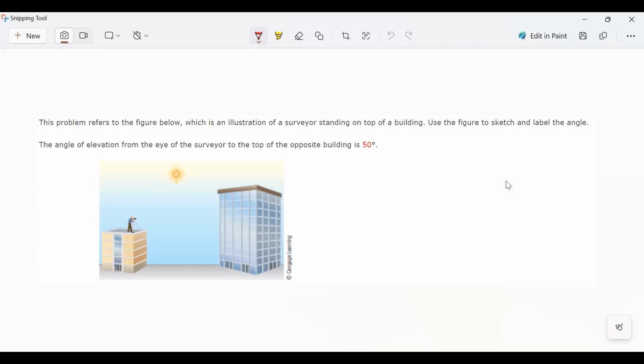Okay, let's look at this question here. So the angle of elevation, right? It's elevated all the way to the top, from the eye of the surveyor to the top of the opposite building. So this is the angle of elevation, and this is 50 degrees. So that's how you draw this graph.